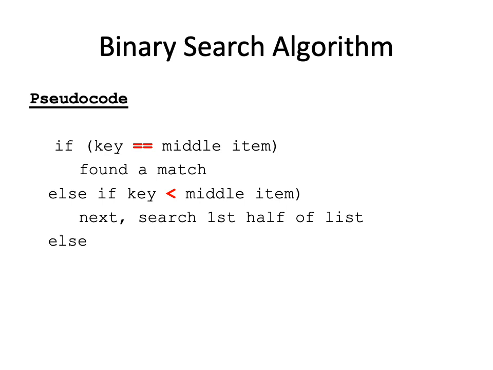And if that's not true, then the key must be greater than the middle item, because it's not equal to and it's not less than. So the key must be higher than the middle item that we just checked. If that's true, then search the second half of the list, the things that have higher values than the middle item.